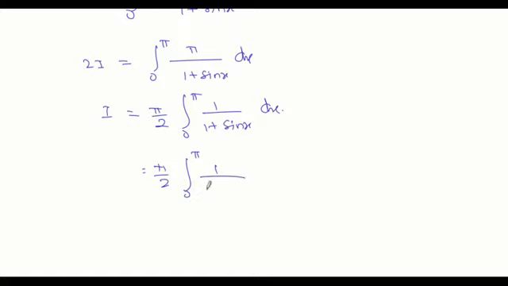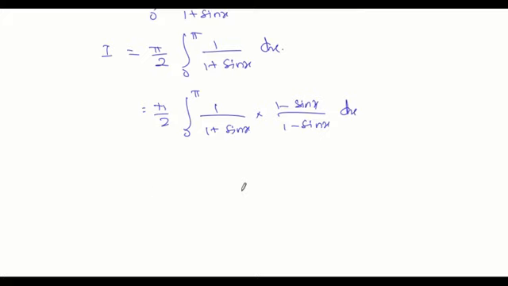So 1 by 1 plus sin x into 1 minus sin x by 1 minus sin x dx. So it is nothing but pi by 2 integral 0 to pi of 1 minus sin x by 1 minus sin square x dx.